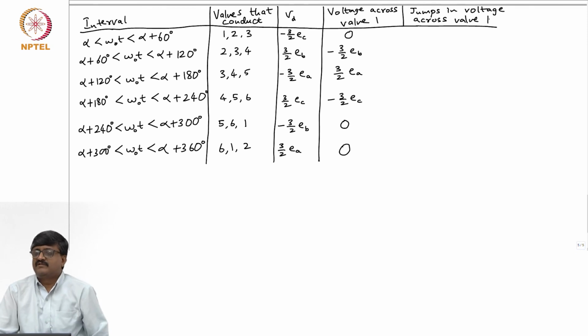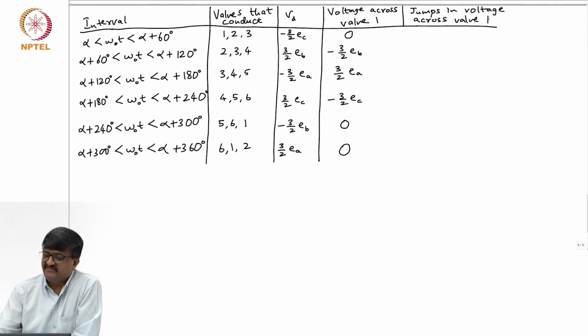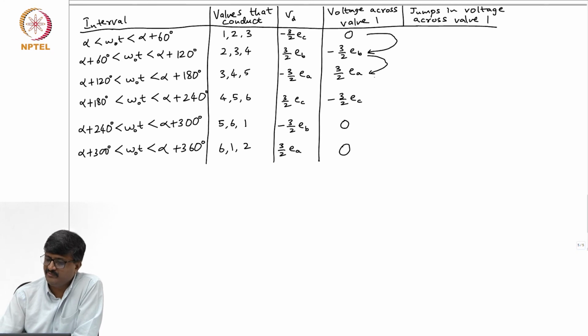This is information which is required for knowing the dV by dt stress. So we see that there are 4 jumps. There is a jump from 0 to minus 3 by 2 Eb, minus 3 by 2 Eb to 3 by 2 Ea, 3 by 2 Ea to minus 3 by 2 Ec, and minus 3 by 2 Ec to 0.